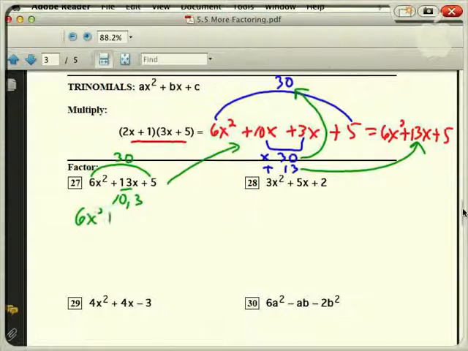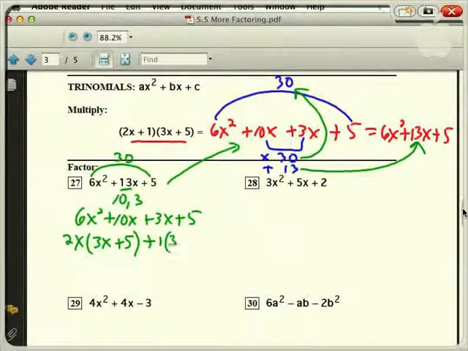Break up the middle. And then do grouping. So I can take 2x out of the first two terms. And I can take at best a 1 out of the last two terms. And then I can take a 3x plus 5 out, leaving 2x plus 1.